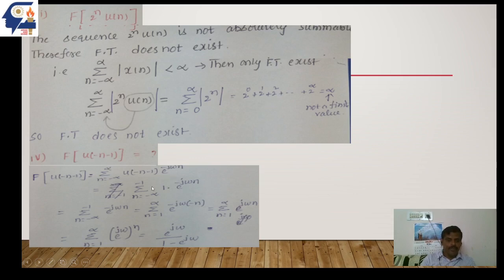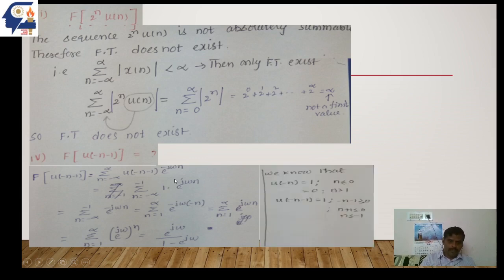To find this, u of minus n minus 1 has value 1 from minus infinity to minus 1. We know u of minus n minus 1 equals 1 when the inside value is greater than or equal to 0: minus n minus 1 greater than or equal to 0.